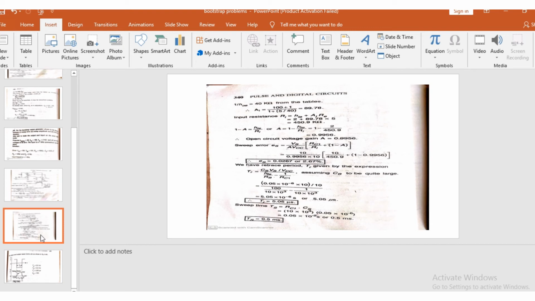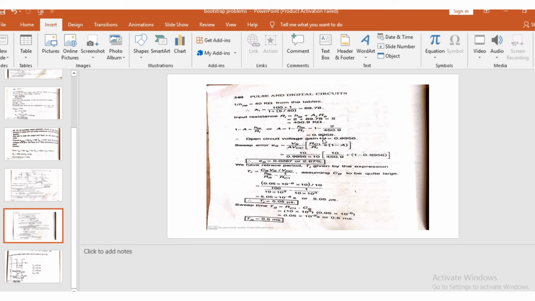Substitute all the values in the formula for AI, and we get AI equivalent to 89.78. Next, the input resistance is given by the formula Ri is equivalent to HIE plus AI RE. Substituting the values, we get 450.9 kilo ohms. Next, use the relation 1 minus A is equal to HIE by Ri. Substituting those values, we get the voltage gain A equal to 0.9956.